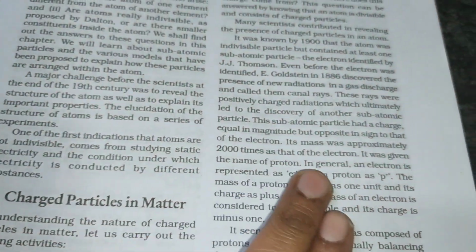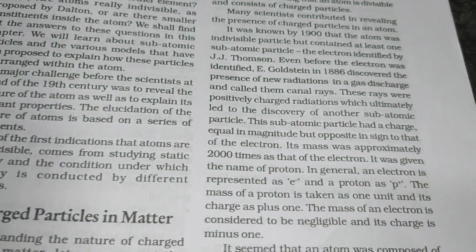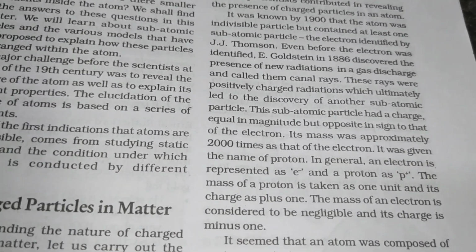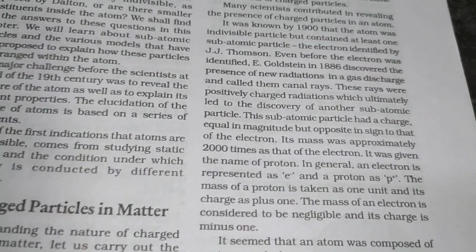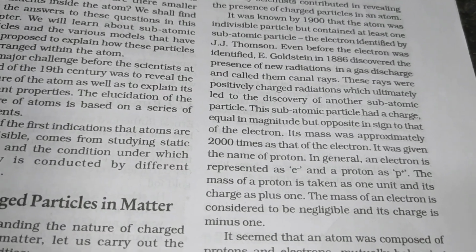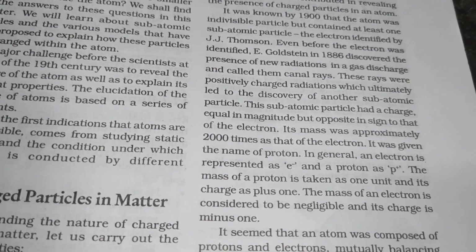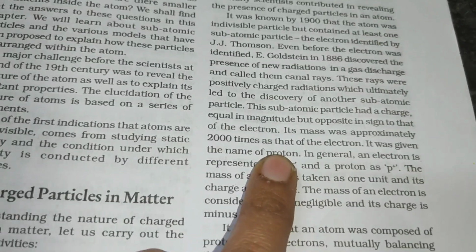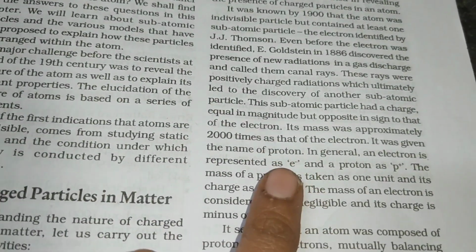When we look at the mass, these positively charged radiations have about 2000 times more mass than electrons, and at last the positively charged particle was named the proton.